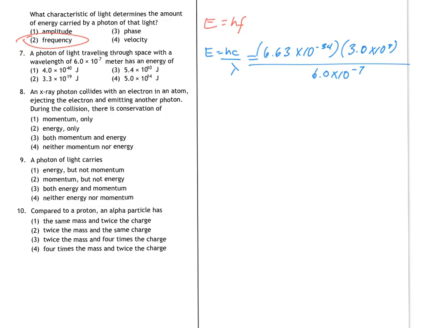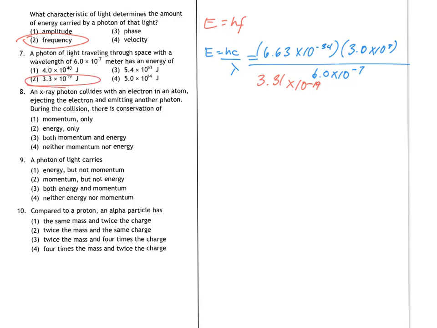When you solve those multipliers, you will get 3.31 times 10 to the negative 34 plus 8 plus 7, so negative 34 plus 15, and I'm getting negative 19. So that's the energy, 3.31 times 10 to the negative 19 joules.